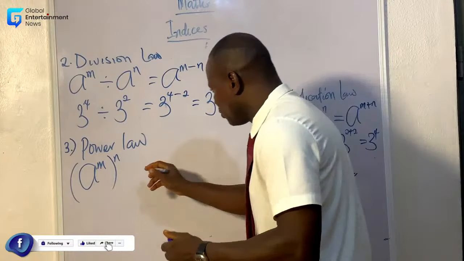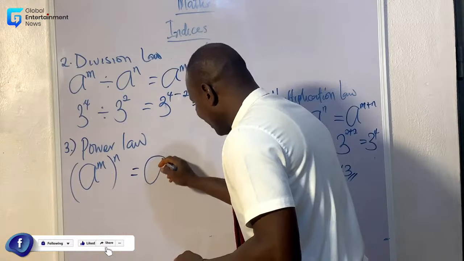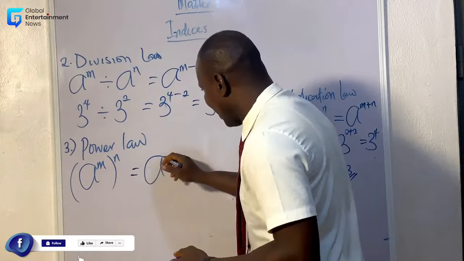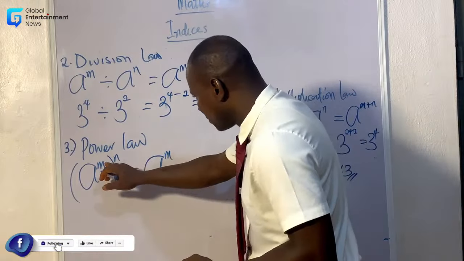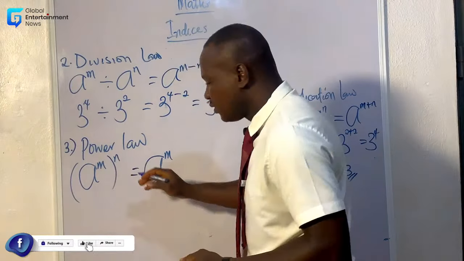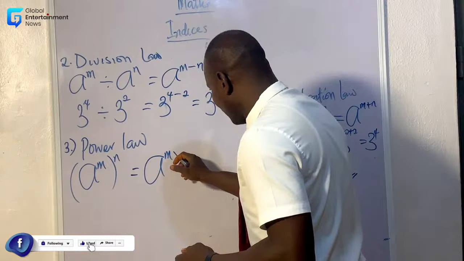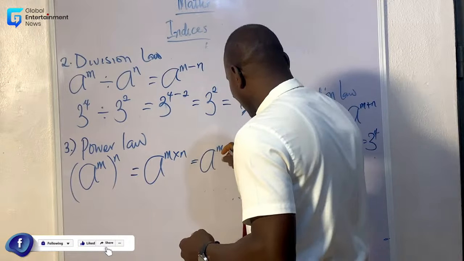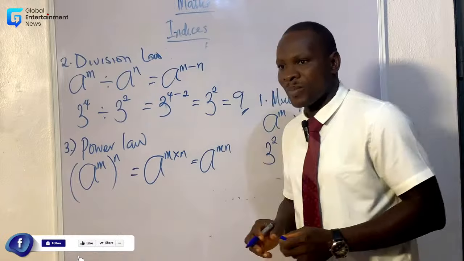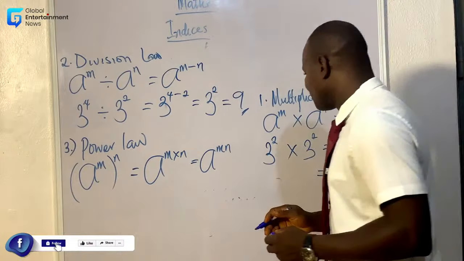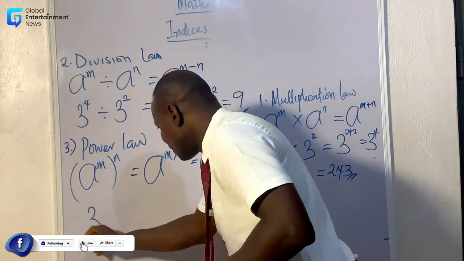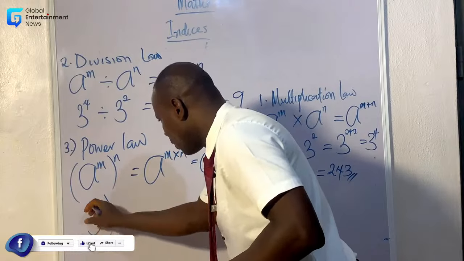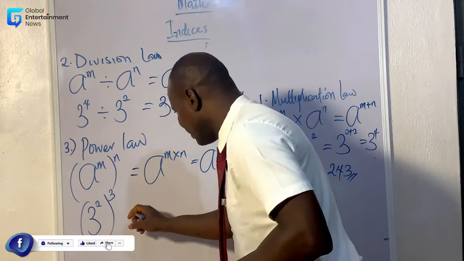What we are going to do here is say a raised to power m, then you multiply both indices, which is m times n. And this will give us a raised to power mn. Let me give you an instance. We have 3 raised to power 2, all raised to power 3.